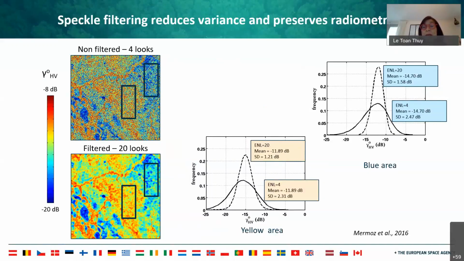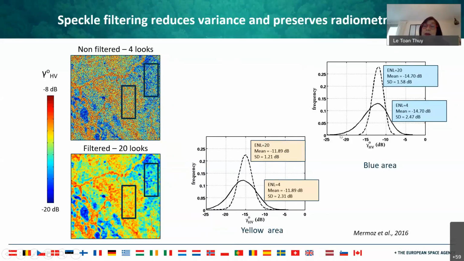And then here is the 4 look, 20 looks, and then you make it narrow. If you take it very large, and if the area is homogeneous, then you approach something like a Gaussian.